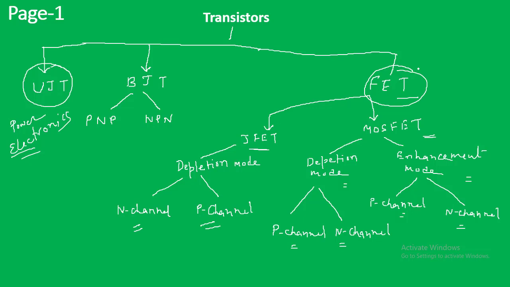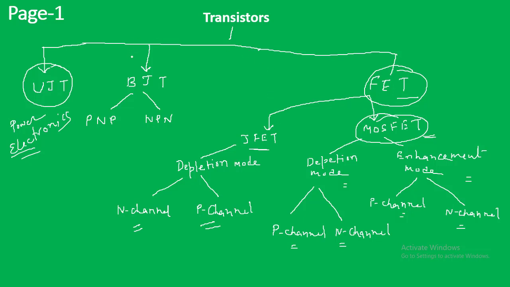If you are electronics and communication engineering students, then you'll be studying this further, and thereafter you'll be studying MOSFET in much more detail. If you are interested in VLSI and nanotechnology, this concept of MOSFET is very important, and today's modern ICs and everything is based on the concept of the MOSFET.